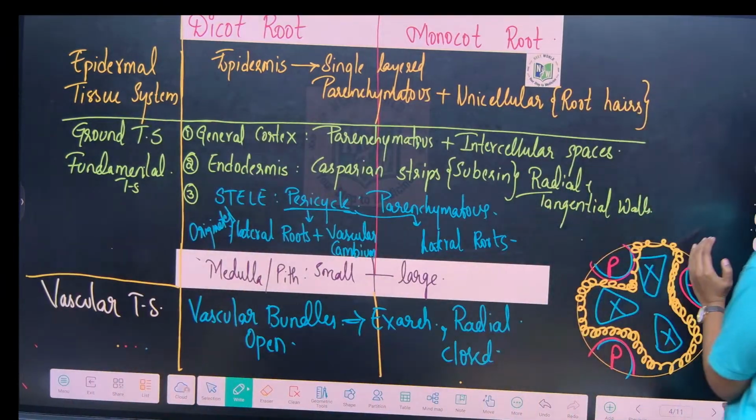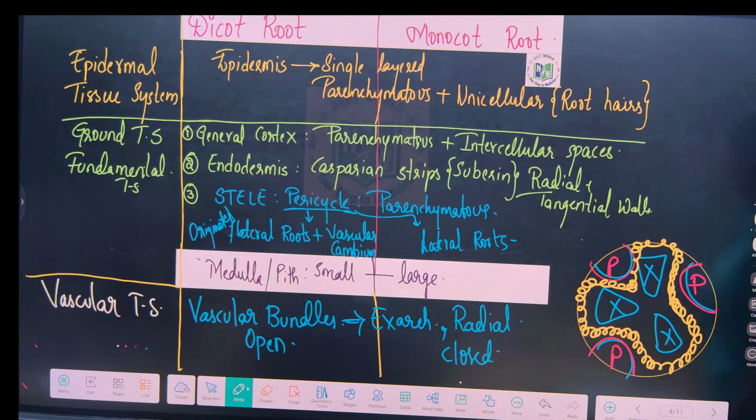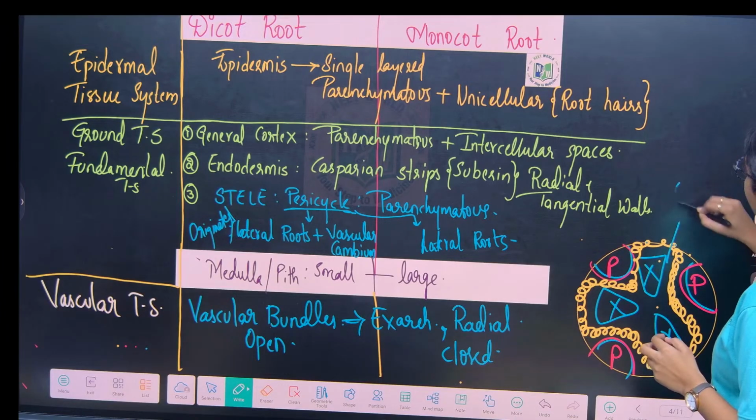Here, what is the type of vascular cambium and from where is it originating? In steel, what are present? I told you, vascular bundles will be there, pericycle will be there, pith will be there. Is vascular cambium originating from pith or not? And remember, the tissue present in between xylem and phloem is called conjunctive tissue.